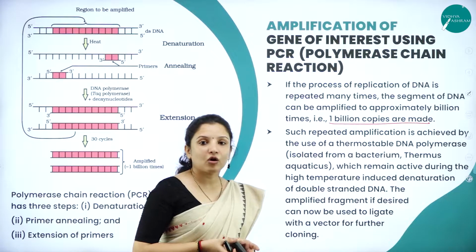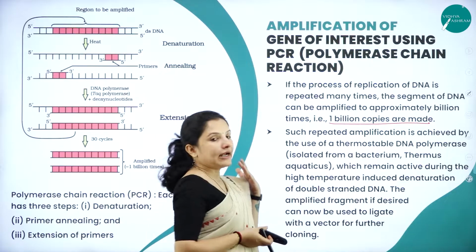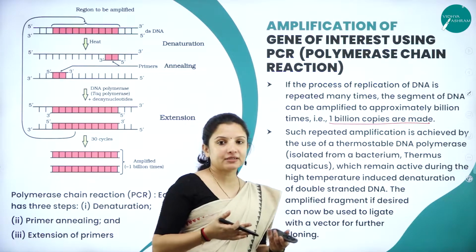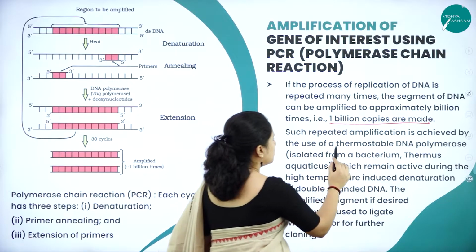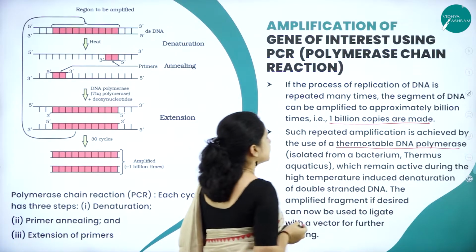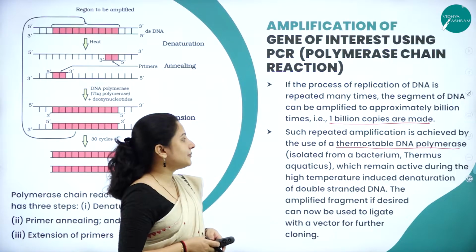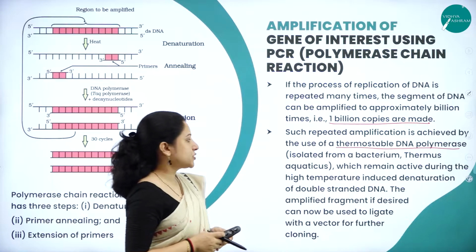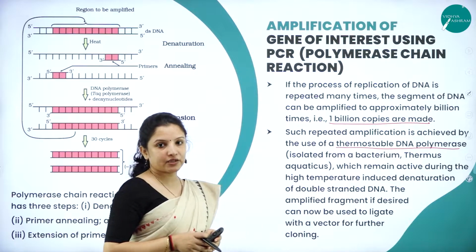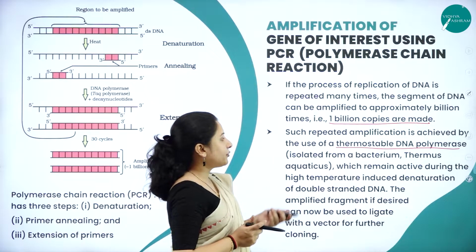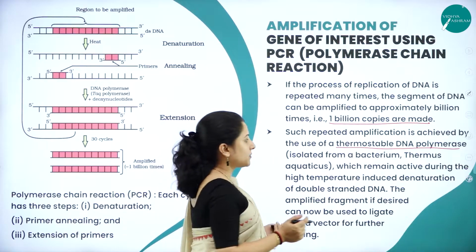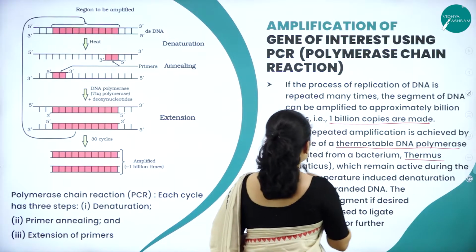Therefore 1 billion copies of DNA is produced. And every time copies have to be produced, a thermostable DNA polymerase enzyme will be used, the Taq polymerase, which we took as an example of a DNA polymerase enzyme. It was isolated from the bacterium Thermus aquaticus.